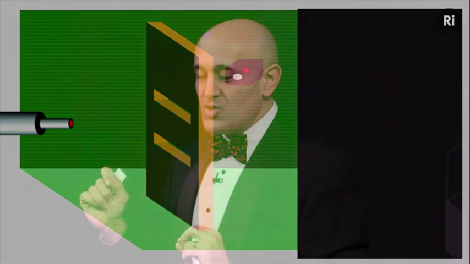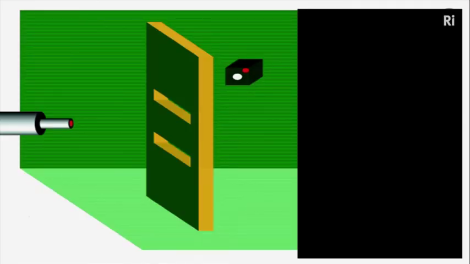Observation. Sure enough, you fire the atoms through, one at a time. 50% of the time, the detector will beep. The other 50% of the time it doesn't, the assumption being that the atom has gone through the lower slit. But of course, I've been cheeky here. I haven't shown you the results of the experiment.